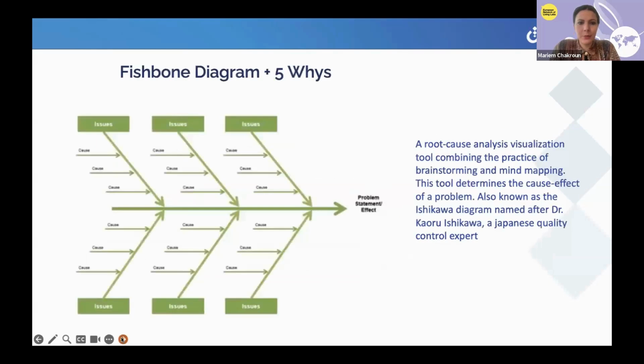So here are the steps. Just an idea about the fishbone diagram if you don't know it. It's a root cause analysis visualization tool that combines the practice of brainstorming and mind mapping. This tool determines the cause and effect of a problem, also known as an Ishikawa diagram, named after Dr. Ishikawa, a Japanese quality control expert.